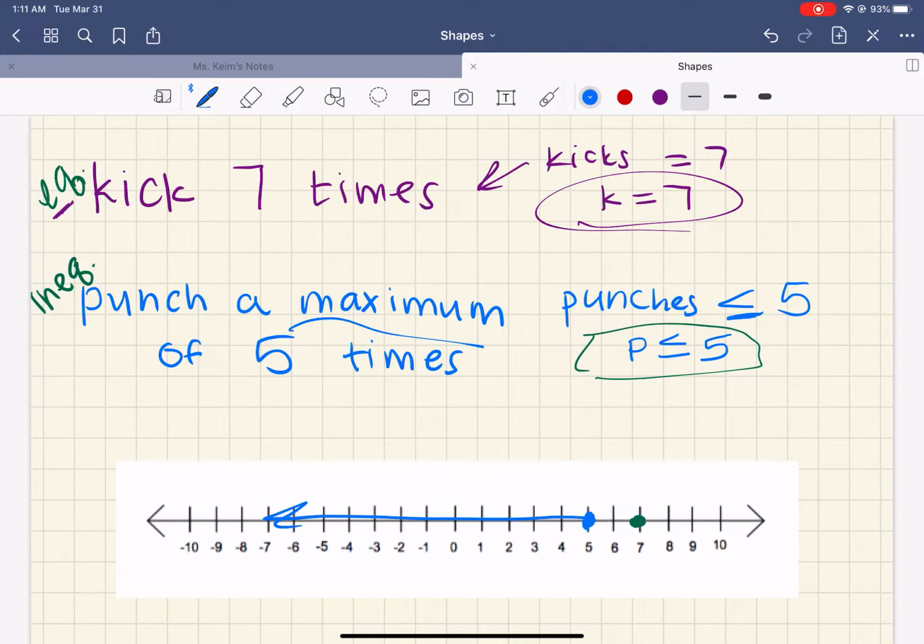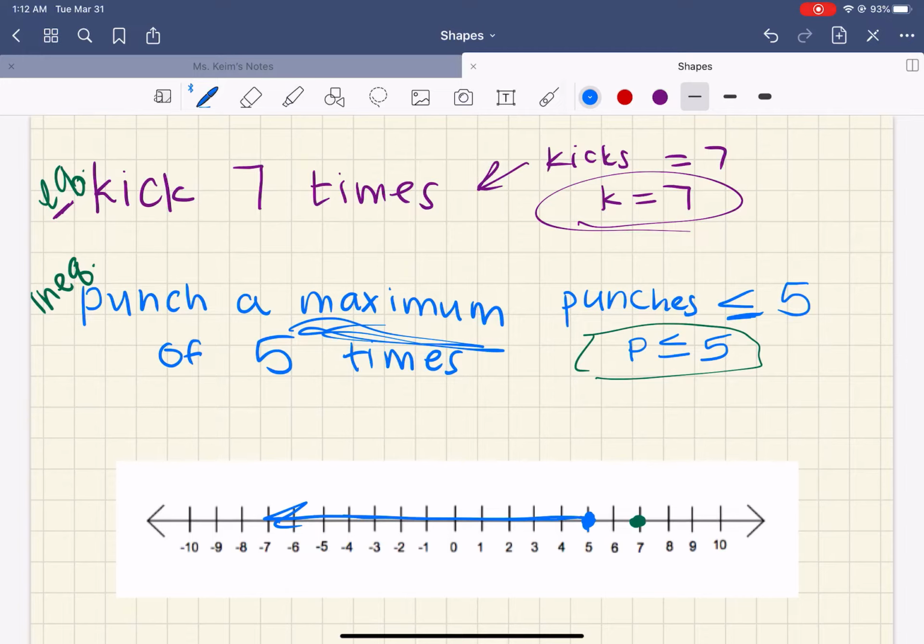Right? 5 was our maximum. Okay. 5 is our boundary point. We're comparing our punches to 5. So punches represents all of the numbers less than 5. Okay, so this is how it's different, showing inequalities and equations on a number line.